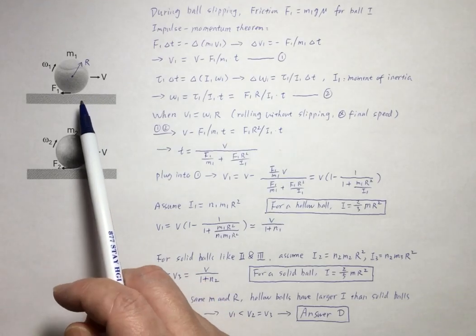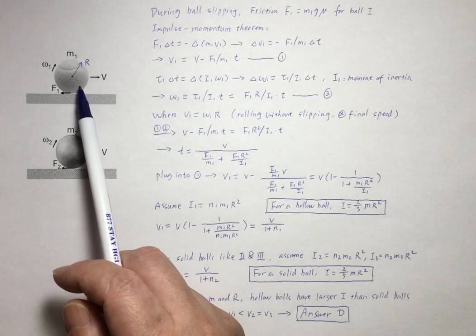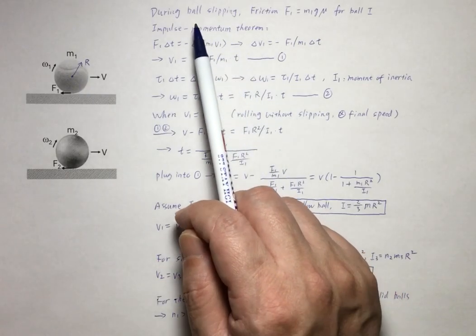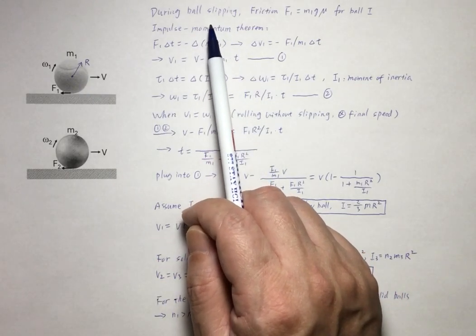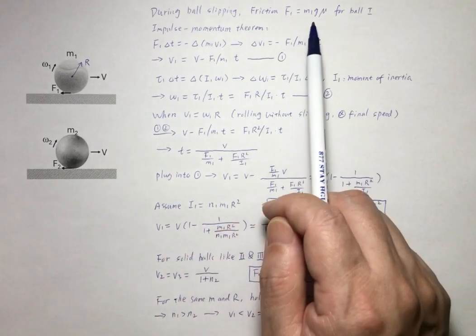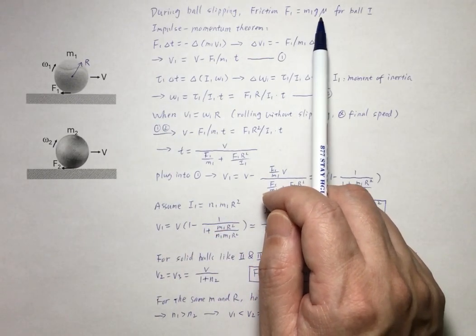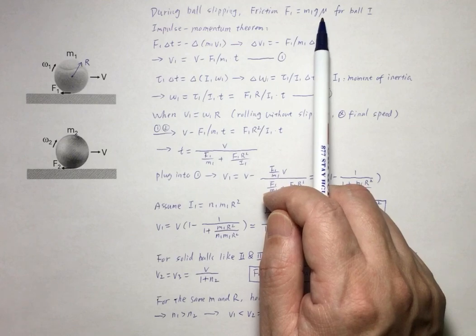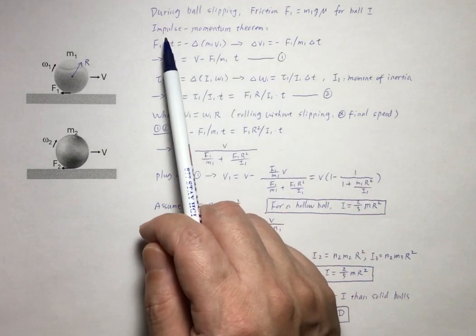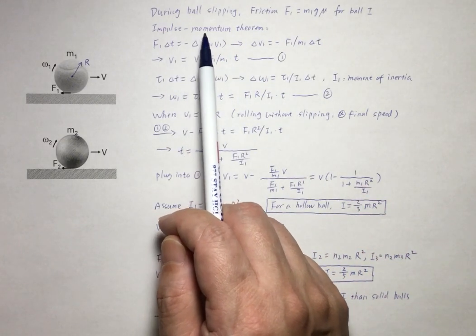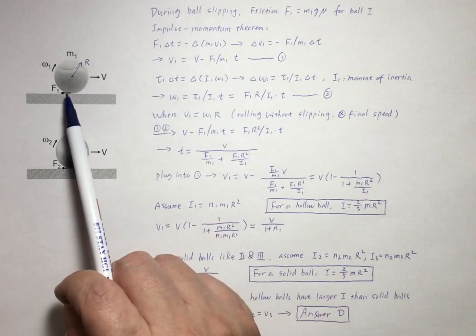Now let's begin with the tennis ball, or M1. During the ball slipping, we have a friction force F1. F1 is mu M1 g, where mu is the friction coefficient. Then we apply the impulse-momentum theorem.